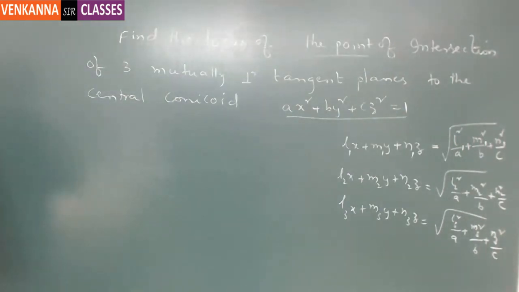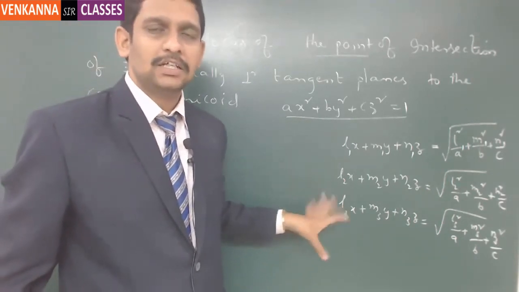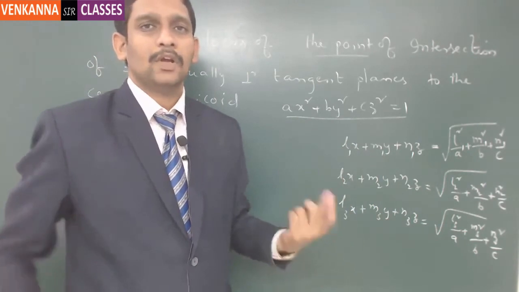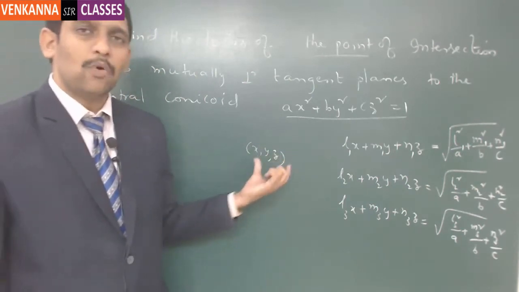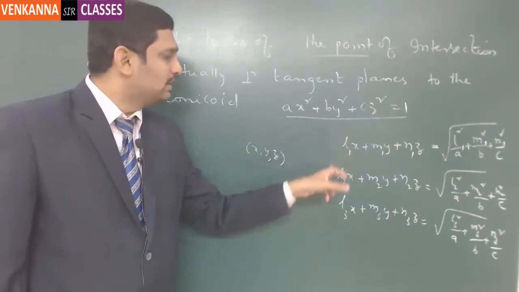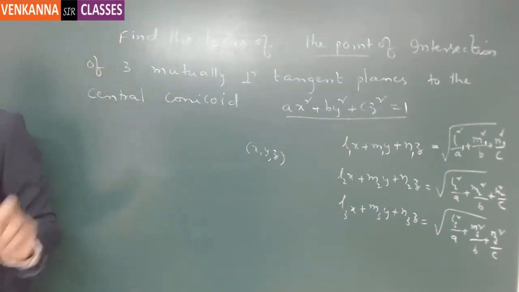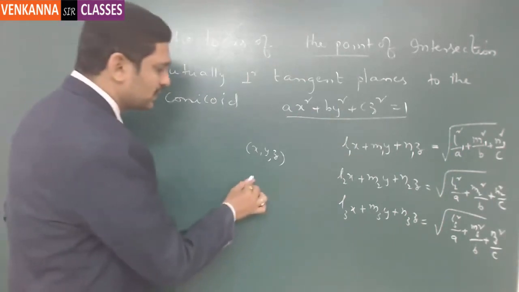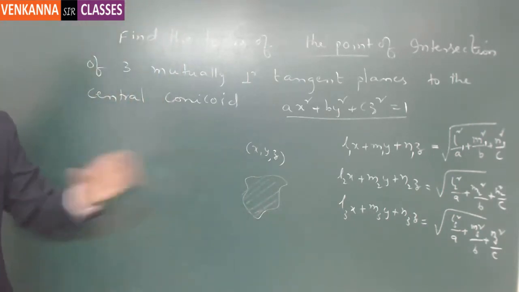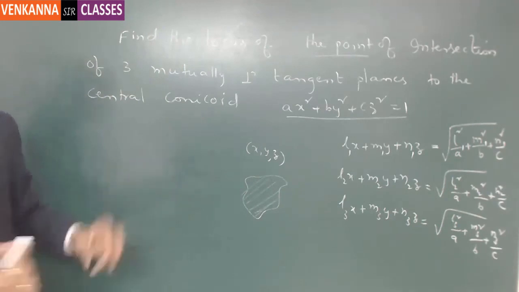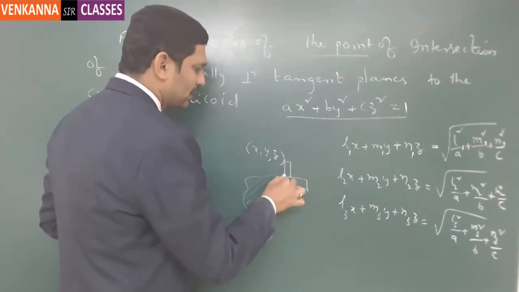So here we have to consider that these three planes will intersect. It is nothing but a point. So the point XYZ is the point of intersection of all three tangent planes for this conicoid. Clear? For a small visualization, if this is the surface, for this surface I have considered three tangent planes. This is one tangent plane, this is the other one, and the other one is perpendicular to these.